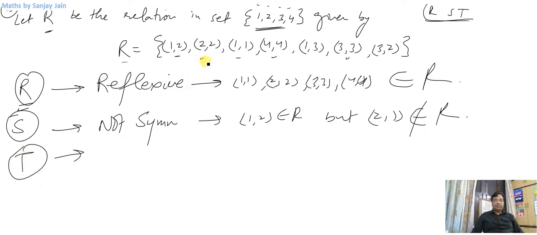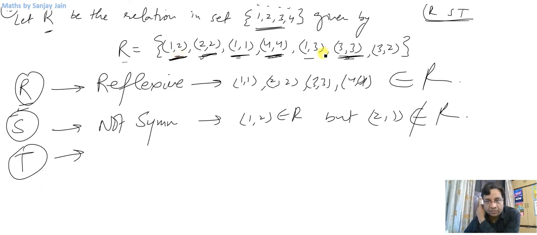Let us check. Let us not focus on these doublets 1 1, 2 2, 3 3 and 4 4. Let us leave these. Look at the rest of the numbers. 1 2 is present.